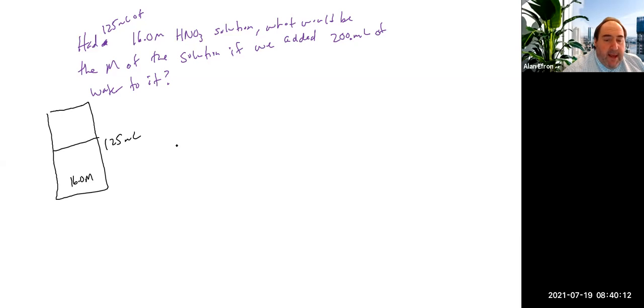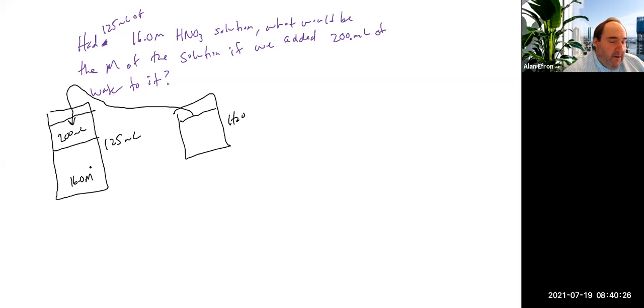And in this case, we're actually going to be adding some water to it. We're basically going to dump in another 200 milliliters of water. So I'll put this on the outside: 16 molar, this was originally 125 milliliters.